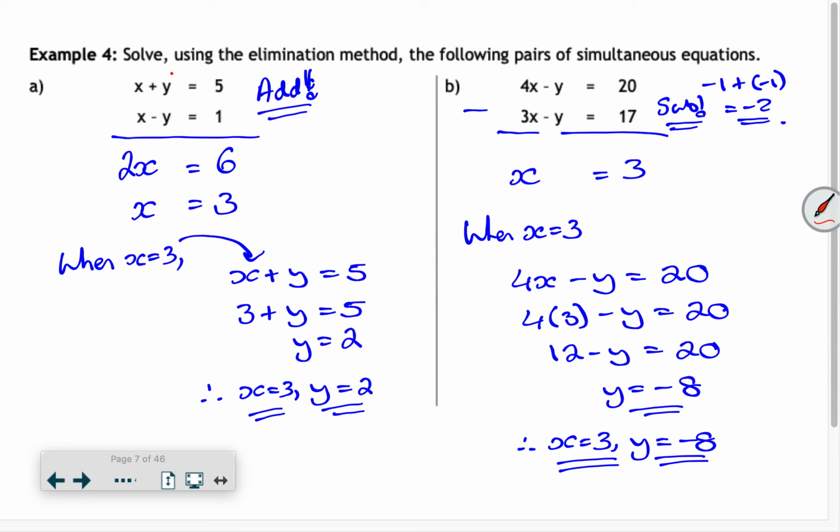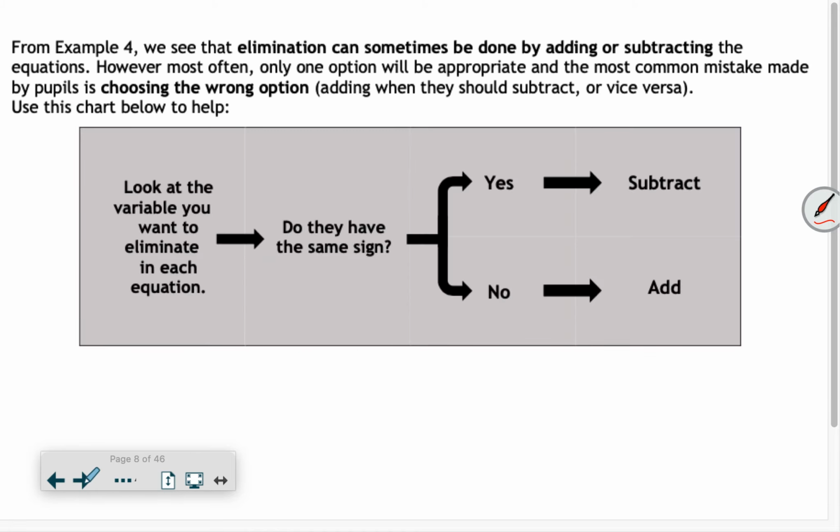In the first example, 4a, we had plus y and minus y. So it says here, look at the variables. We want to deal with the y's. Do they have the same sign? No, they don't. So if they don't have the same sign, because one was a plus and a minus, then we add them together.